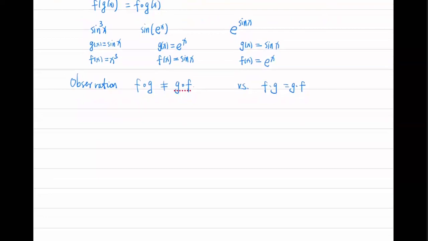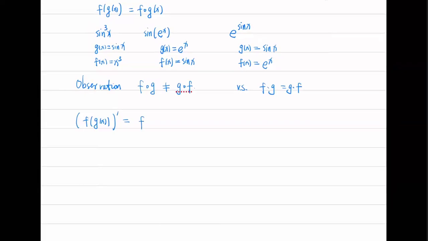Okay. Now we can state the formula. If we take the derivative of the composition, the formula is the derivative of the exterior function at g of x times the derivative of the interior function.